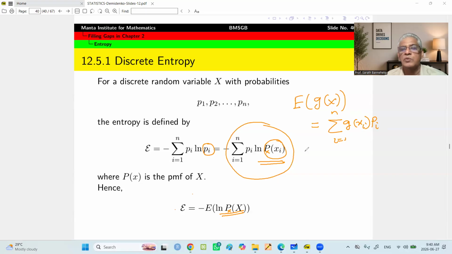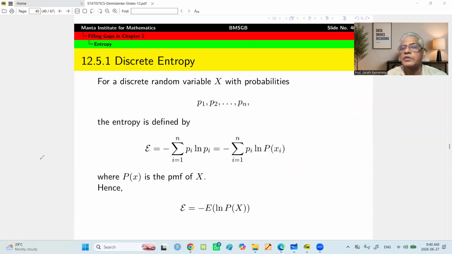In this case, g of x is equal to log of p of x. Therefore, it's easy to see that this is the negative expected value of log of pX. That is the definition of discrete entropy when you're considering a discrete random variable with a finite number of possibilities.